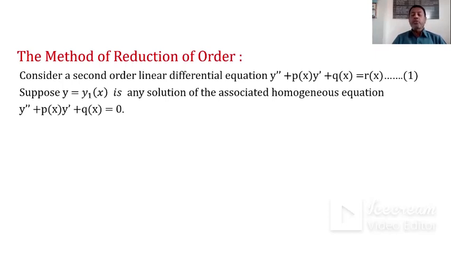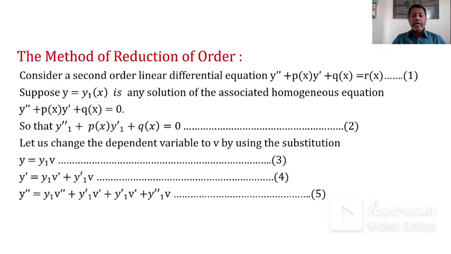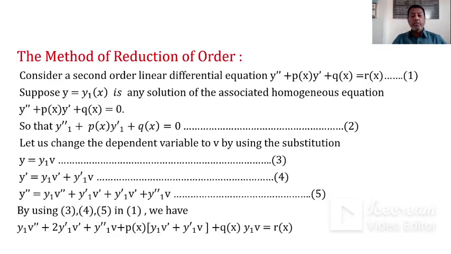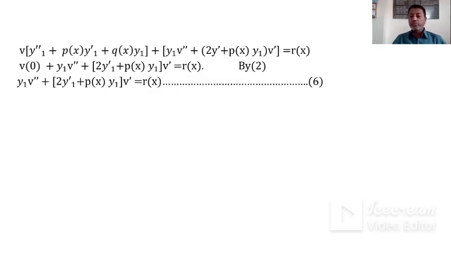With this substitution, we convert the dependent variable y to the dependent variable v, and then from this we find y', y'', and we substitute these values in the given differential equation, and then rearranging this differential equation, we obtain this differential equation.